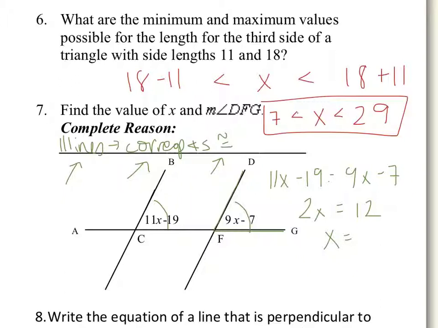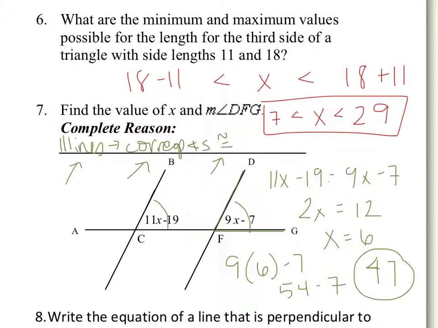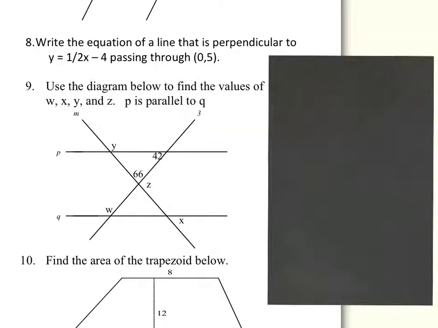And x is equal to 60, but not 60. Just kidding, I thought that was a little strange. X is equal to 6, so I plug it in here. I have 9 times 6 minus 7. So that's 54 minus 7, which is equal to 47, is our angle.